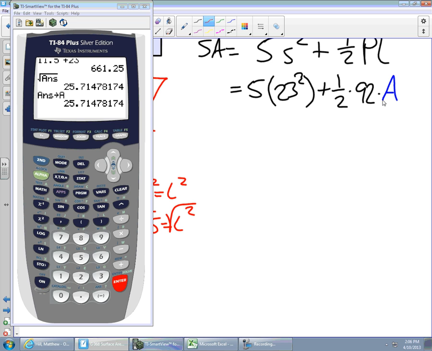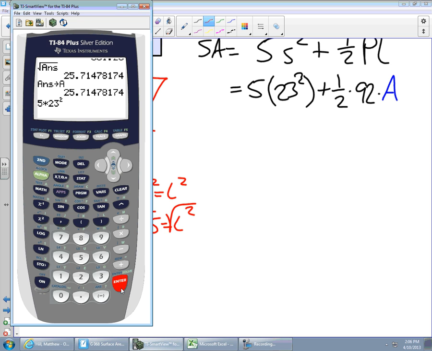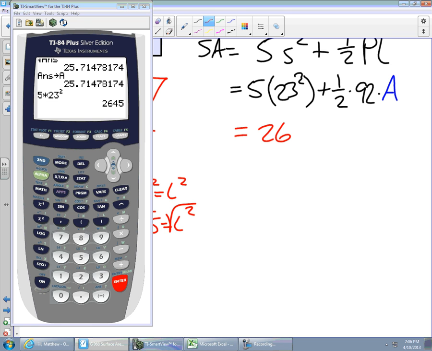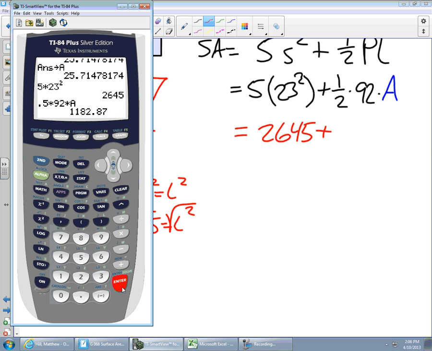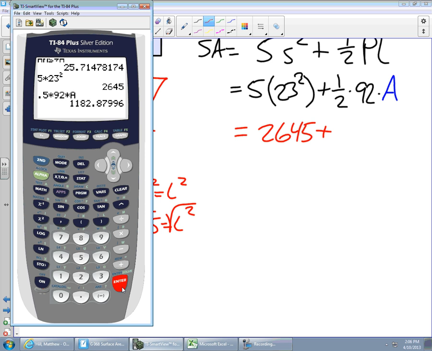So from there, we ought to be able to figure this out. We got 5 times 23 squared. That's 2645. 1/2 times 92 times A, 1182.88.